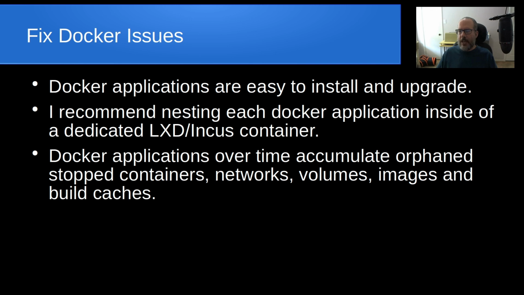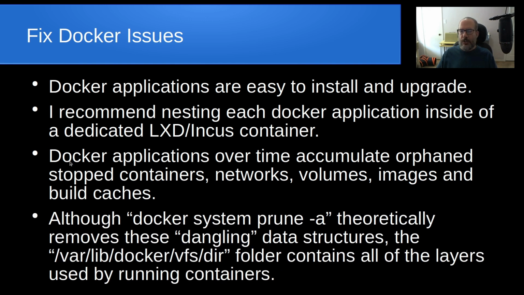Docker applications over time accumulate orphaned stopped containers, orphaned networks, orphaned volumes, images, and even build caches if you do Docker build commands. And a lot of times these things simply don't go away on their own.